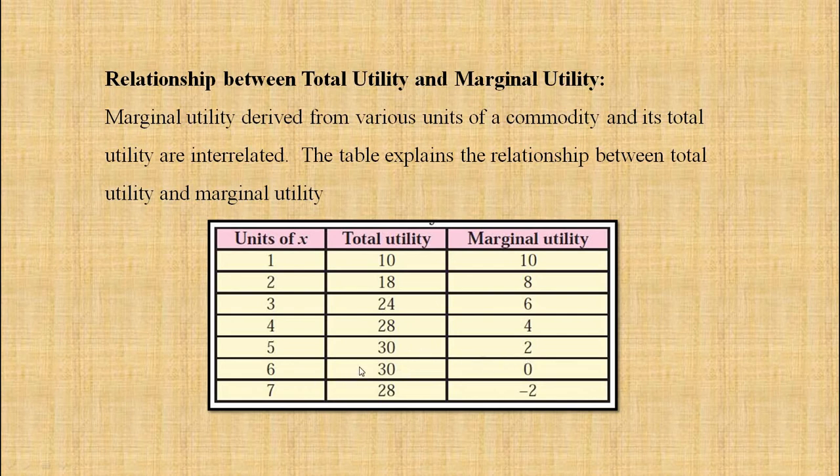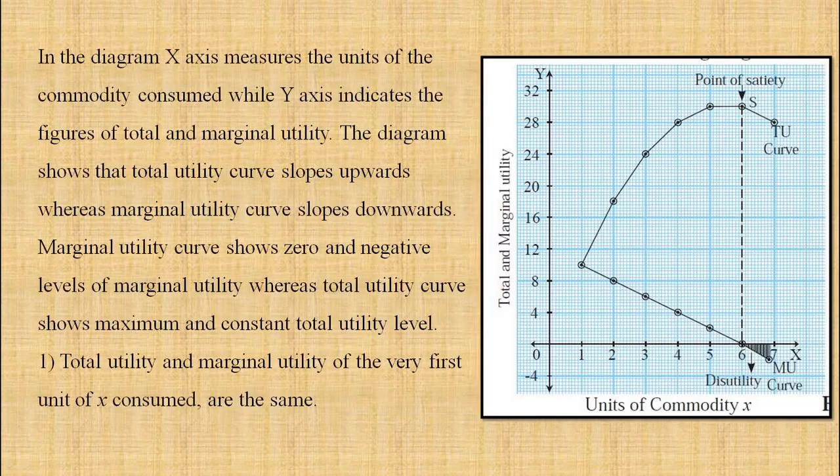From the sixth, it is 30, the same utility, so the marginal utility is 0. And from the seventh, it is 28, that means less total utility. So the difference between these two is minus 2. Here the marginal utility becomes negative.